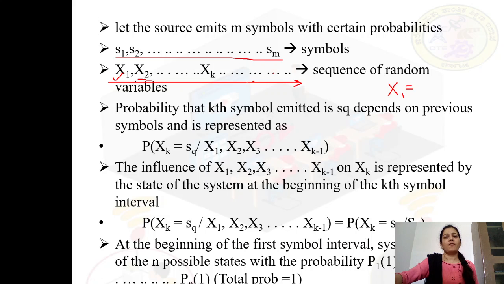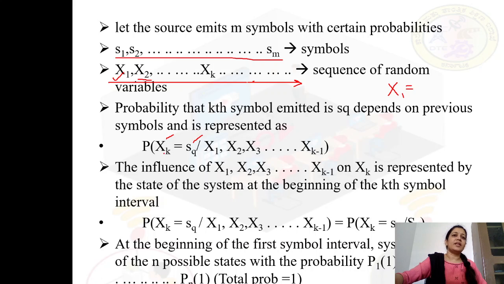Now if I say that the kth symbol has been emitted by the source, I am taking that as xk. That is, during the kth random interval, a symbol has been emitted by the source. And as I said, it can be any symbol between s1 to sm; in general, I am representing that as sq.